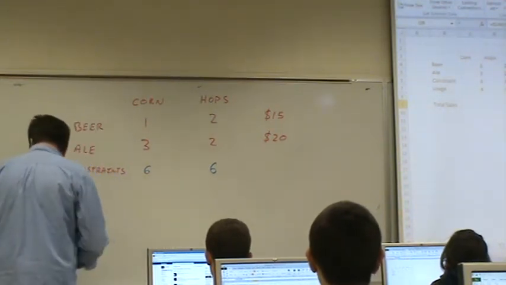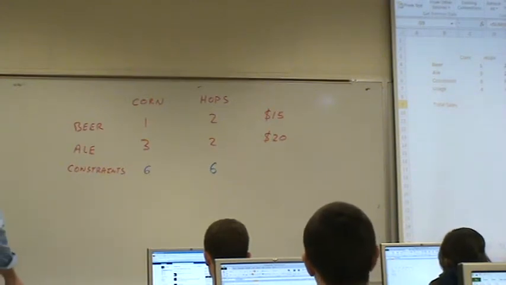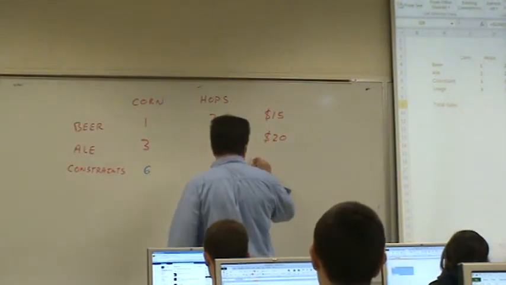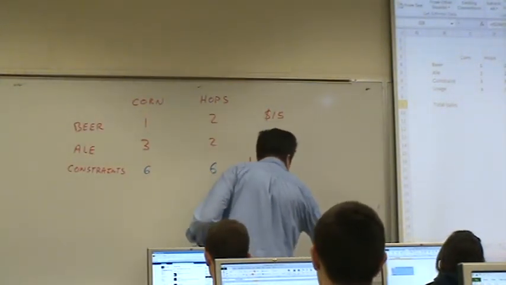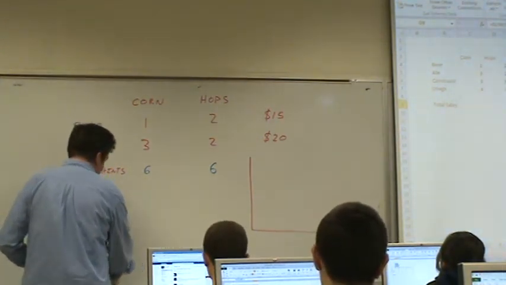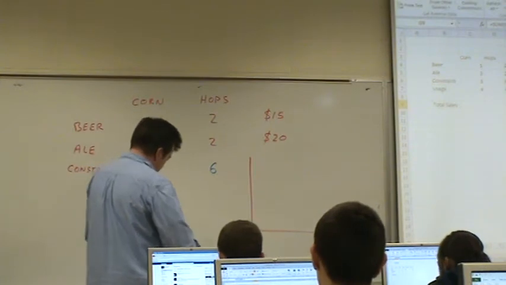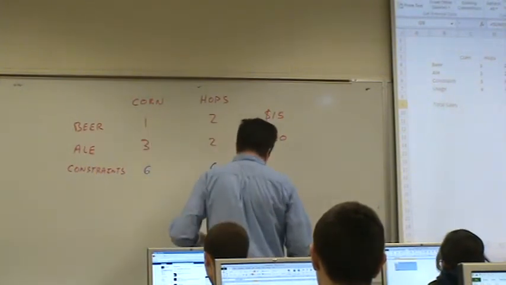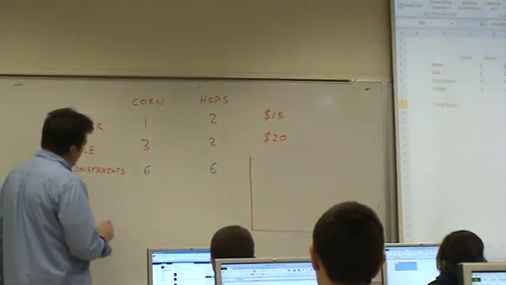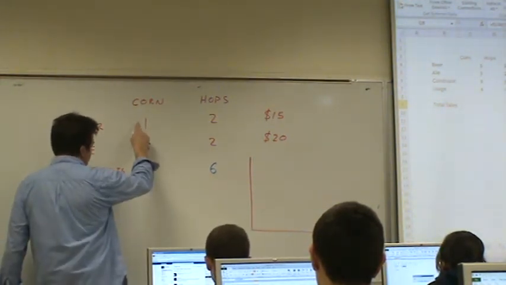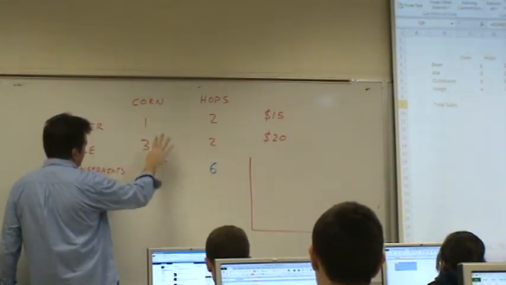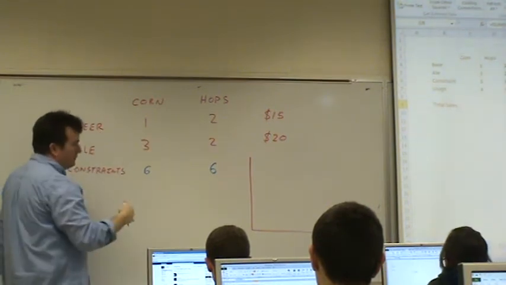So the way this problem could be viewed mathematically is by looking at it like a graph. And if we wanted to make, from the point of view of using corn, if we used 6 bushels of corn, and made just beer with it, we have enough corn to make 6 barrels of beer.